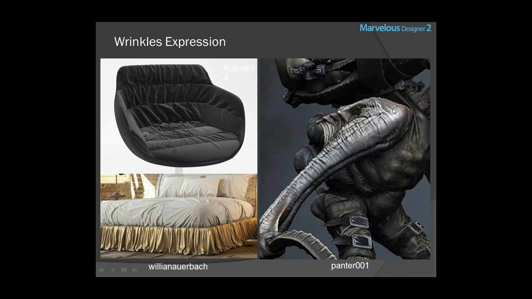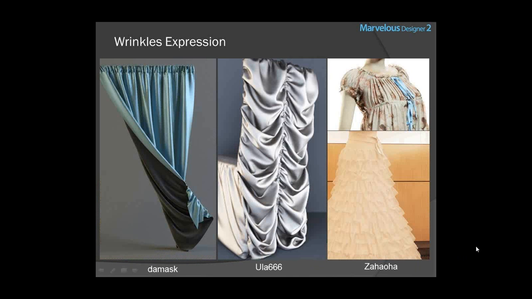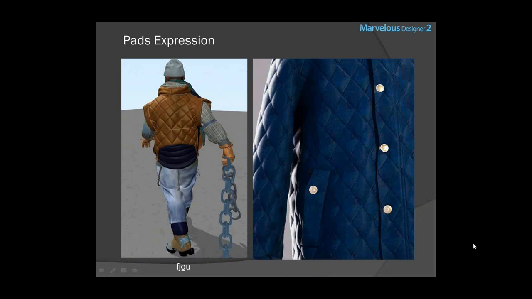You can express this kind of detail and also this kind of detail easily in Marvelous Designer. And curtains and chair and dress. And also padding. You can express this kind of padding quickly and easily in Marvelous Designer.